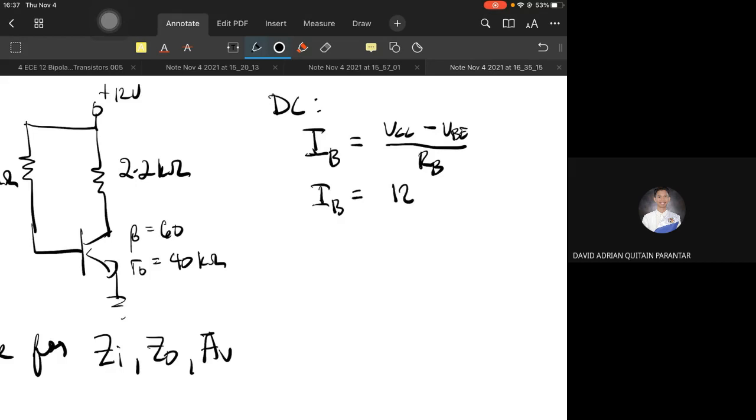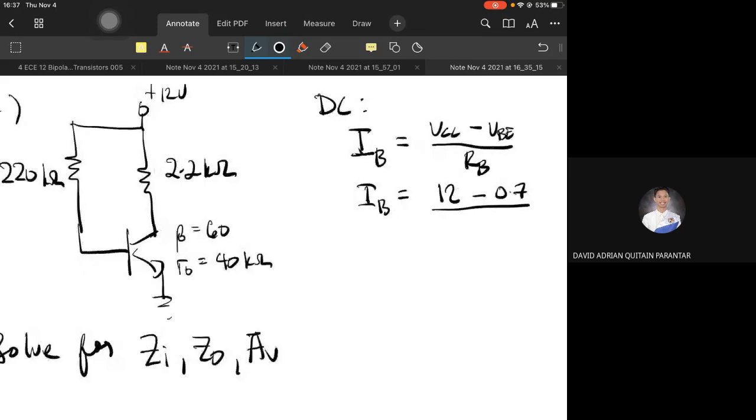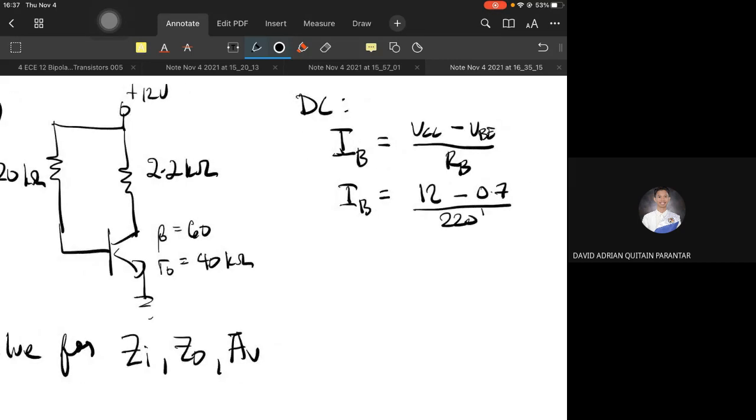Recall, 12 minus 0.7 over 220K is 0.05 milli, or 51.36 microamperes.